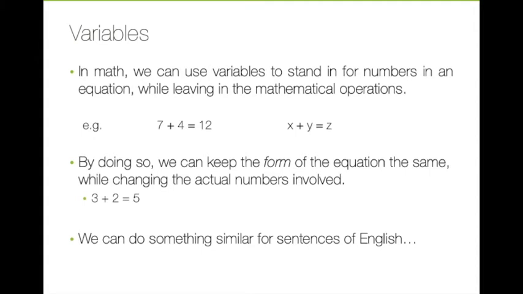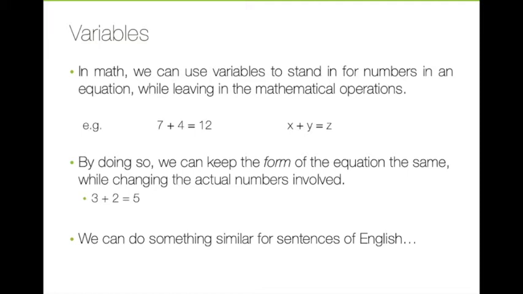So the first concept we're going to need for today is variables. We use variables in logic to capture the form of an argument. In math, you're probably familiar with the idea of using variables to stand in for numbers in an equation while leaving in the mathematical operations.